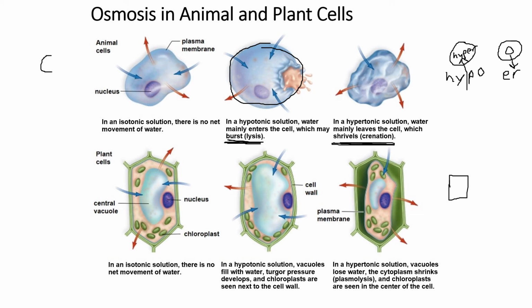If you put an animal cell in an isotonic environment, that means the cell is isotonic, and water will move in and out, but there will be no change to the cell.